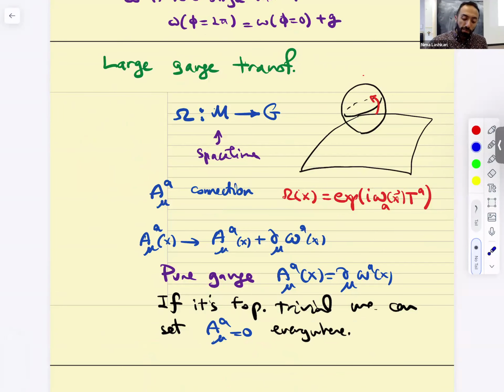In general, let me say a few words about this, again a reminder about gauge theory. In the geometric picture of gauge theory, what we have is a fiber bundle, let's say a principal bundle. At every point in spacetime manifold, there is a gauge group.